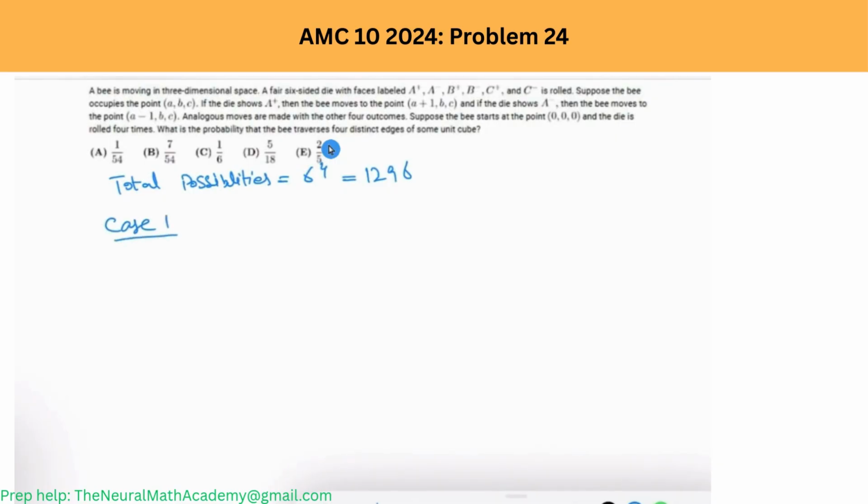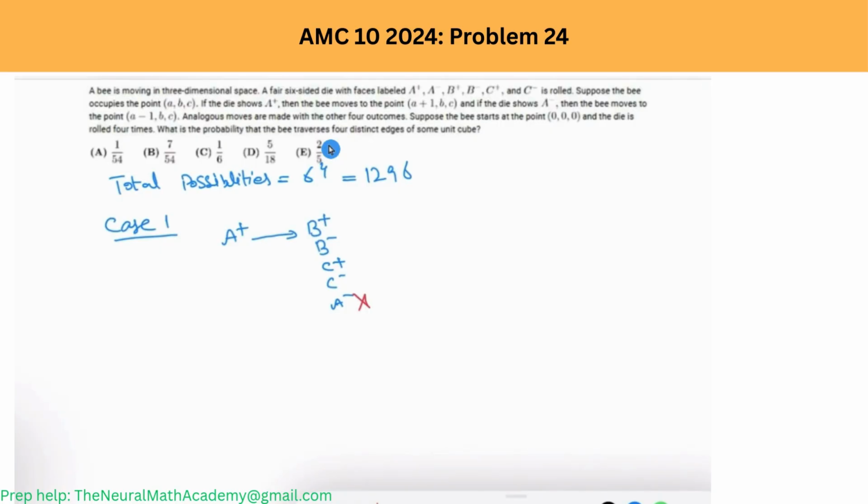The first possibility is just assume that at the beginning the face is A plus, right? And then, if it is only moving in the plane, it can go to B plus, B minus, C plus, C minus. However, it cannot go to A minus. The reason is if it goes to A minus, then it will go back to A plus. So we have basically 4 options now.